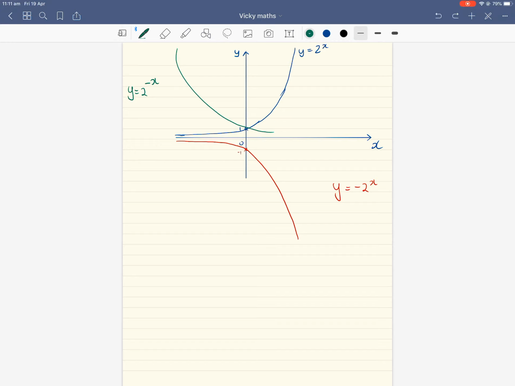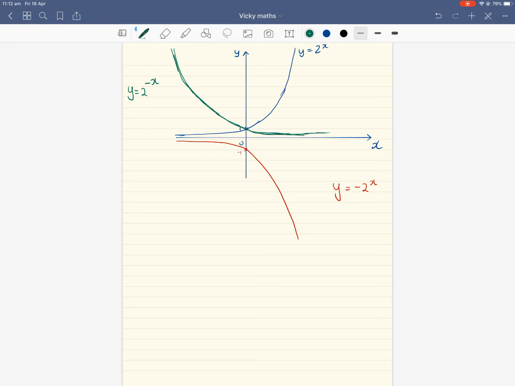Oh, that doesn't look like a very good mirror image. Let me try that again. There we go. There's still a steep increase on one side, and on the other side, it'll approach the asymptote, the x-axis, but then it'll never cross the asymptote.